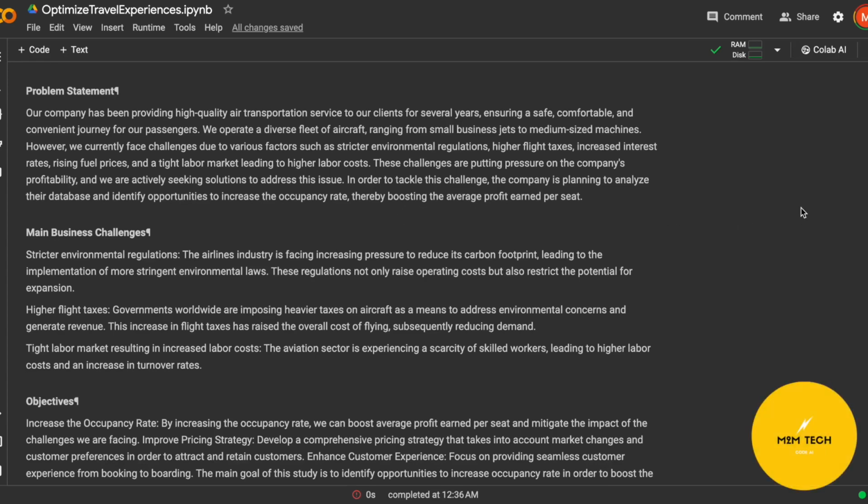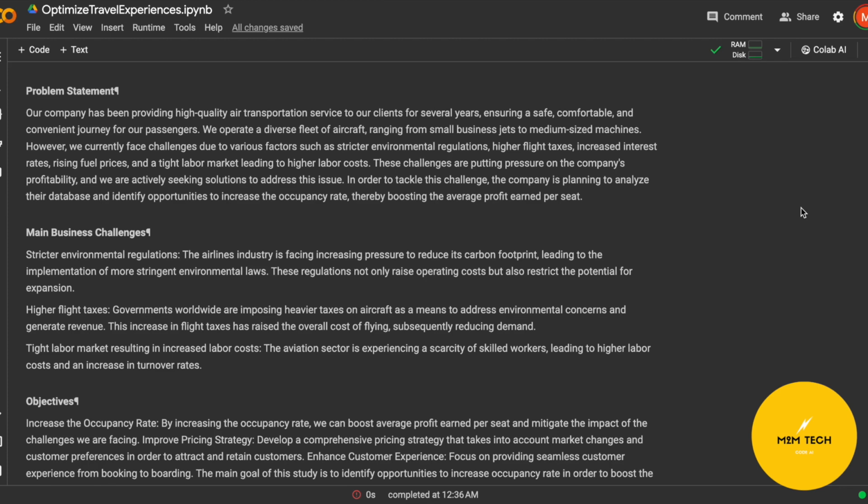So my first project, I've taken up the Airline Dataset, and the problem statement outlines the challenges that the aviation industry is facing, such as stricter environmental regulations, higher flight taxes, increased interest rates, rising fuel prices, and a tight labor market, which is leading to higher labor costs.